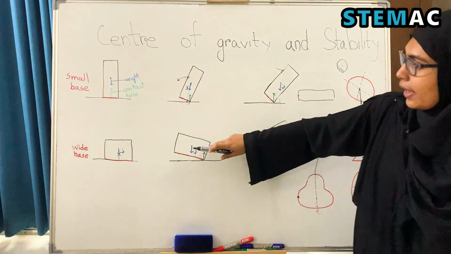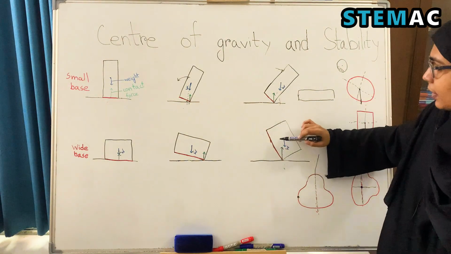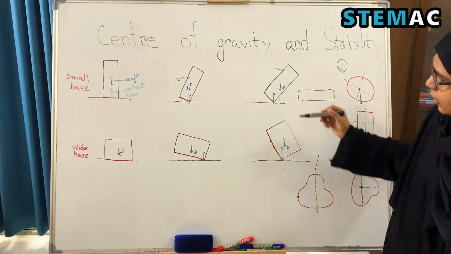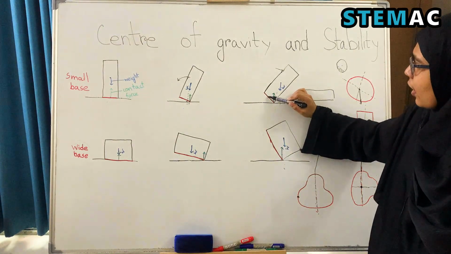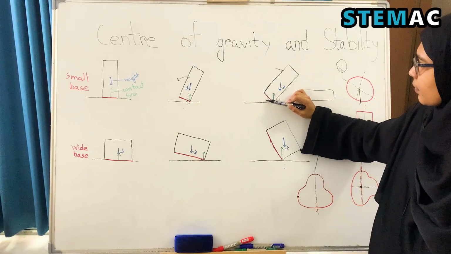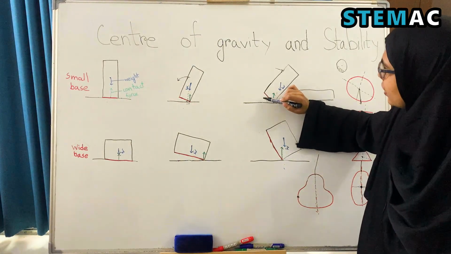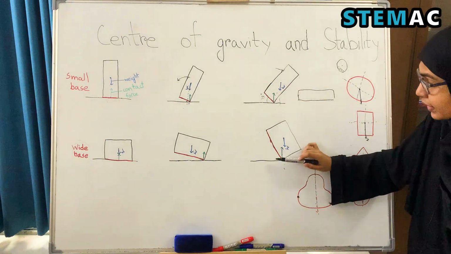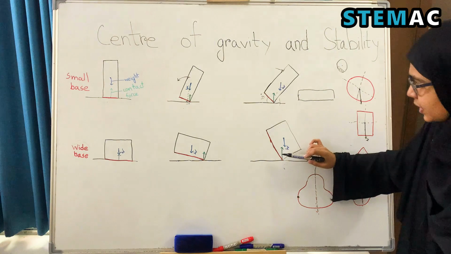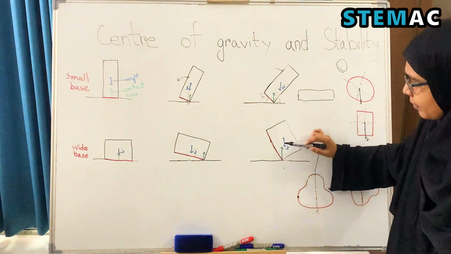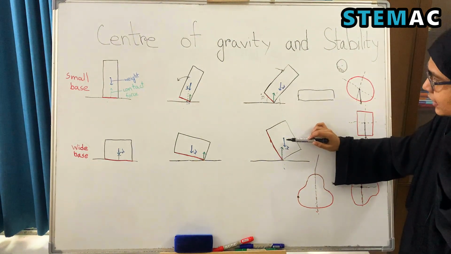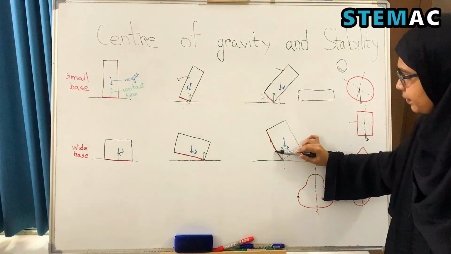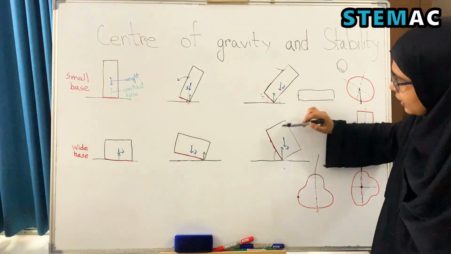Here we have tilted this object too much. Let's say this angle was 45 degrees, but here it is clearly visible that the object with the wider base is tilted at an angle that is much greater.